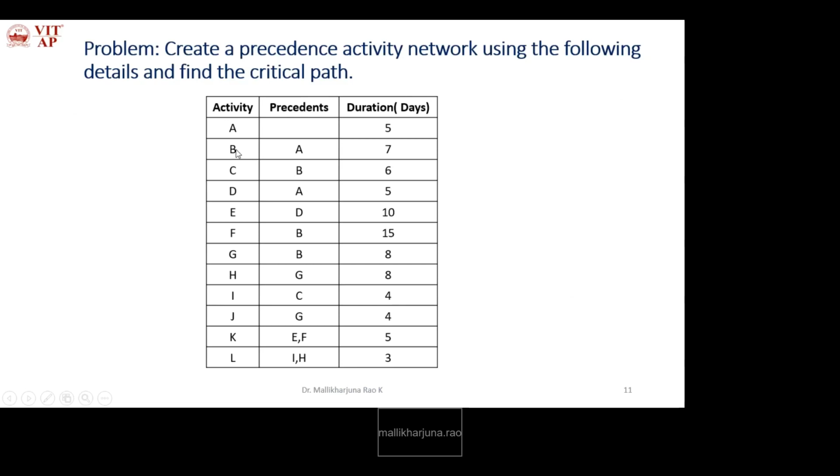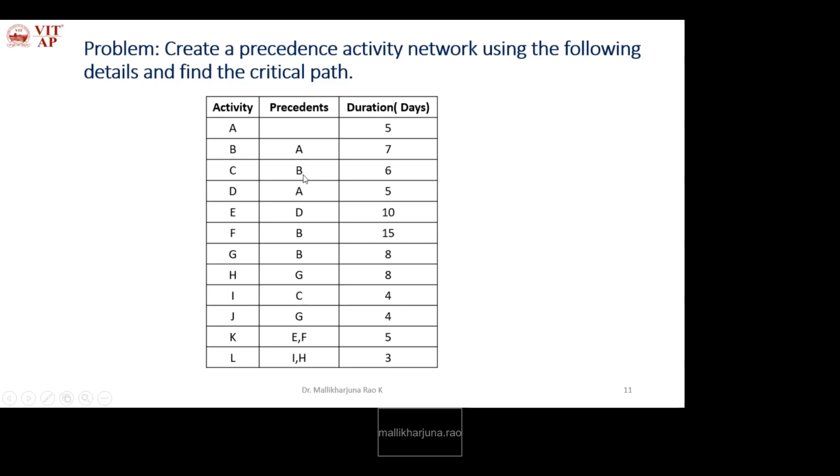B is the precedent for C. Now we need to check whether it is ending alone or ending with any other. It is ending alone, so there is no issue, we can directly represent it.